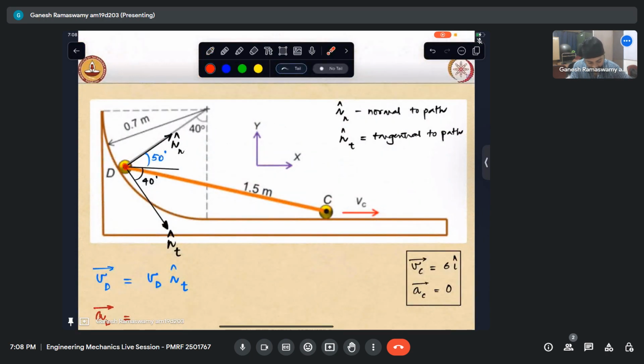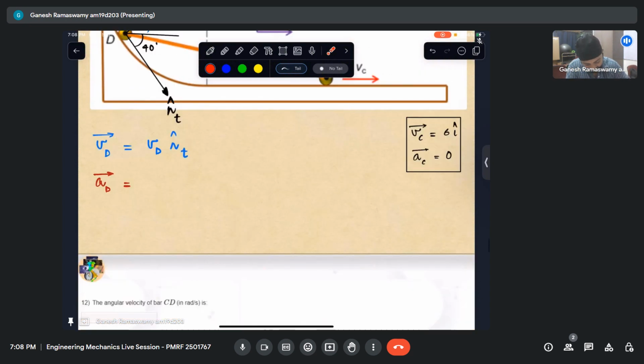So it will have one tangential acceleration along nt and a centripetal acceleration along nn. So my acceleration of point D is nothing but AD tangential along nt cap, plus AD centripetal along nc cap. So I know all the directions, but the magnitudes I need to evaluate.